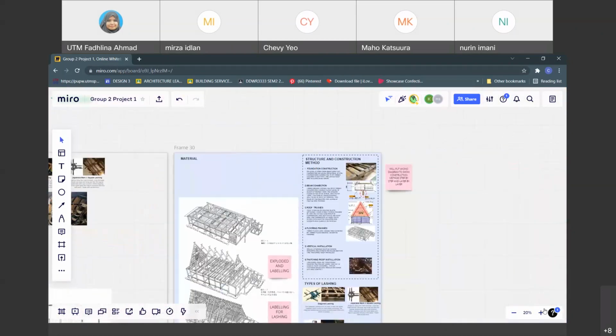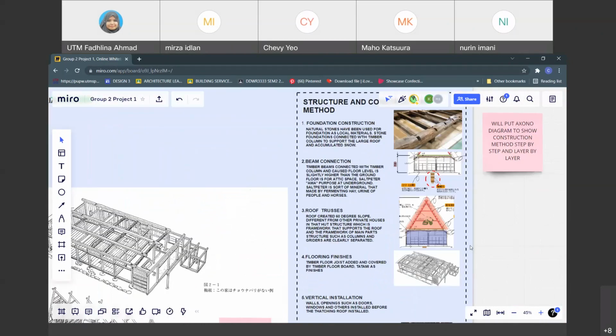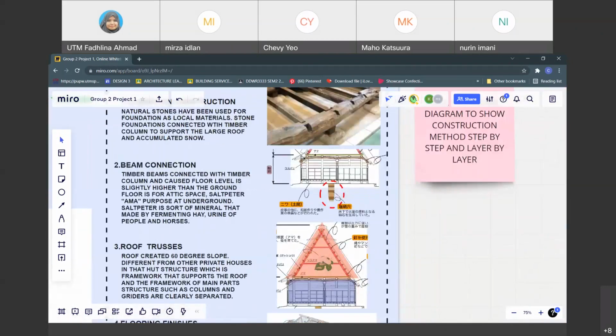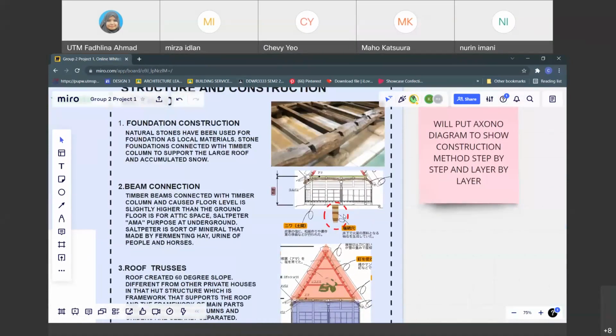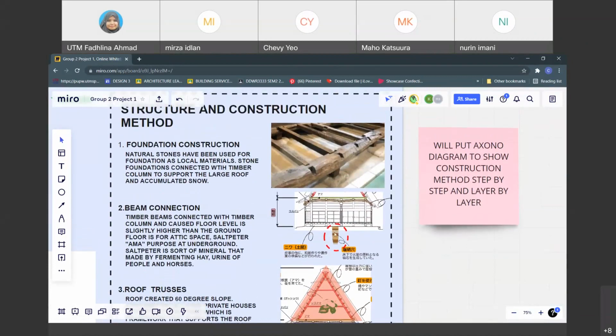Why do they need this gap in between? Because it is a very small gap. From my research, it is for the saltpetre, a gap for this mineral to put the urine of people and also the horses. So they want to have a gap.